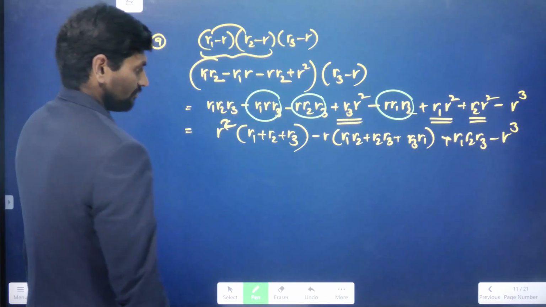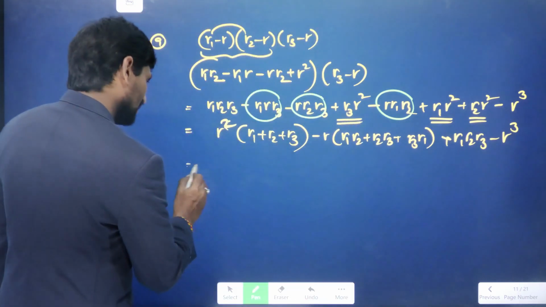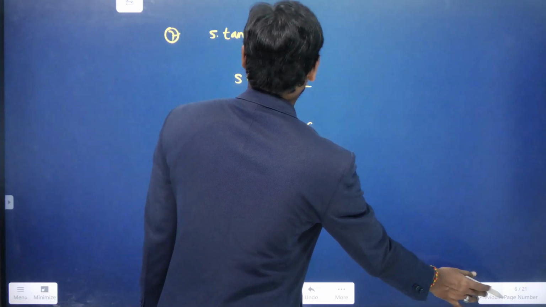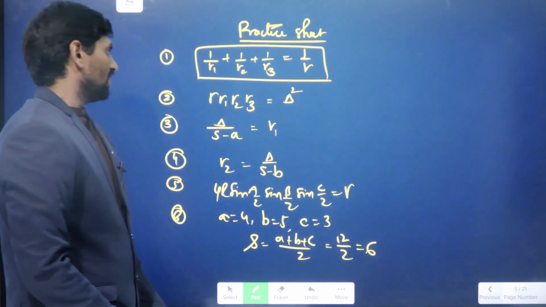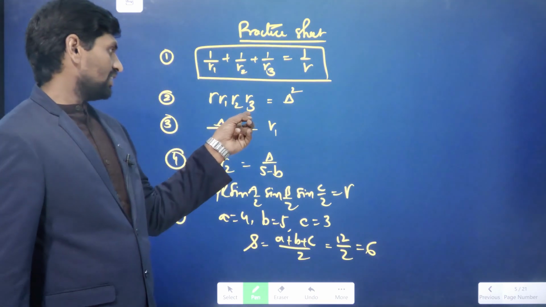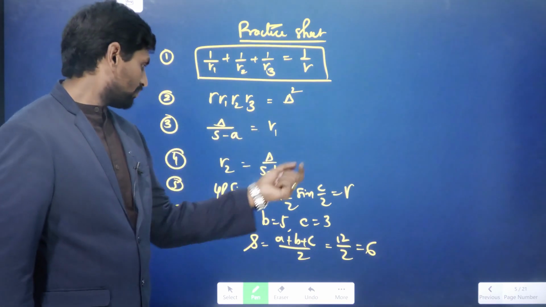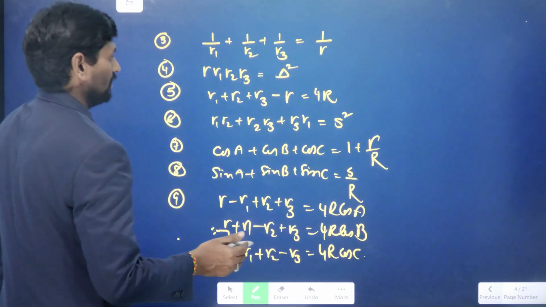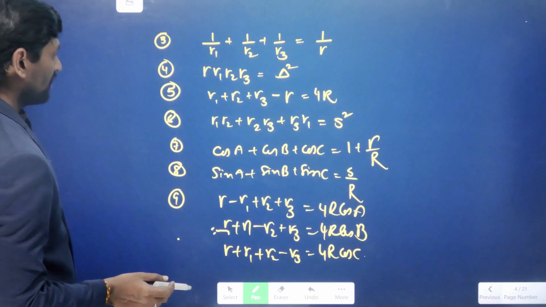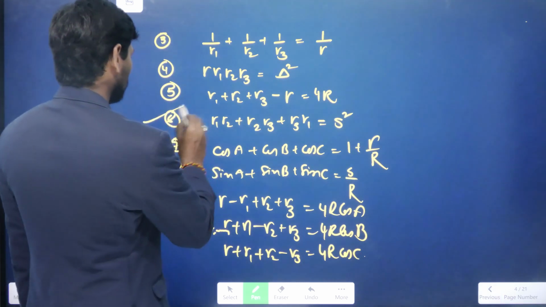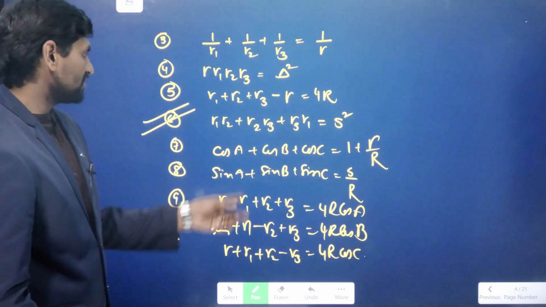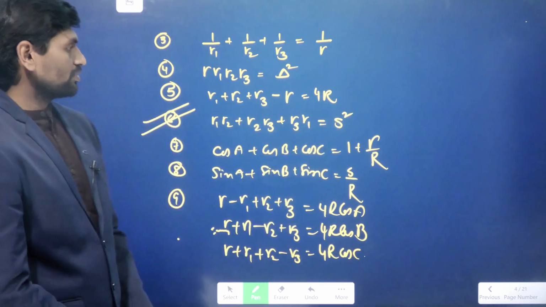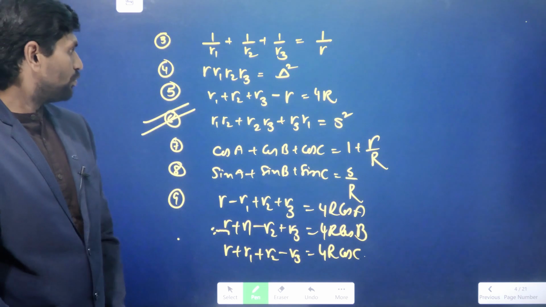Okay? From the very starting we have discussed the formulas, let us observe here. r1 r2 r3 equals delta square by r, and here r1 r2 plus r2 r3 plus r3 r1 equals S square. So we can write S square in that place.